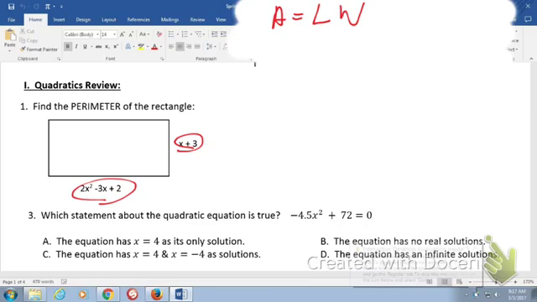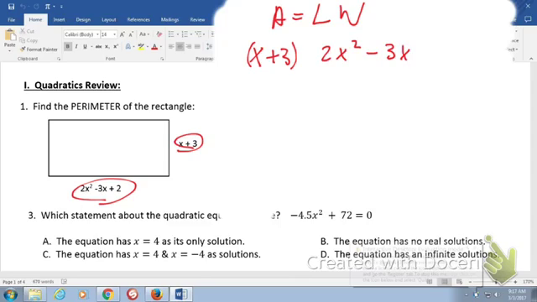Okay, so I'm just getting a lot more space in here. So I'm gonna have x plus 3, all that multiplied times 2x squared minus 3x plus 2. Okay, we're gonna basically distribute.